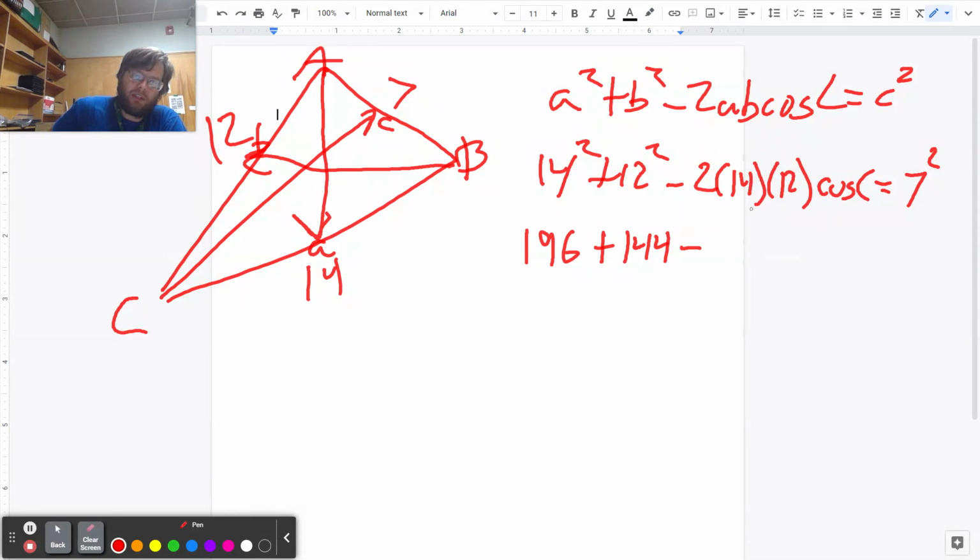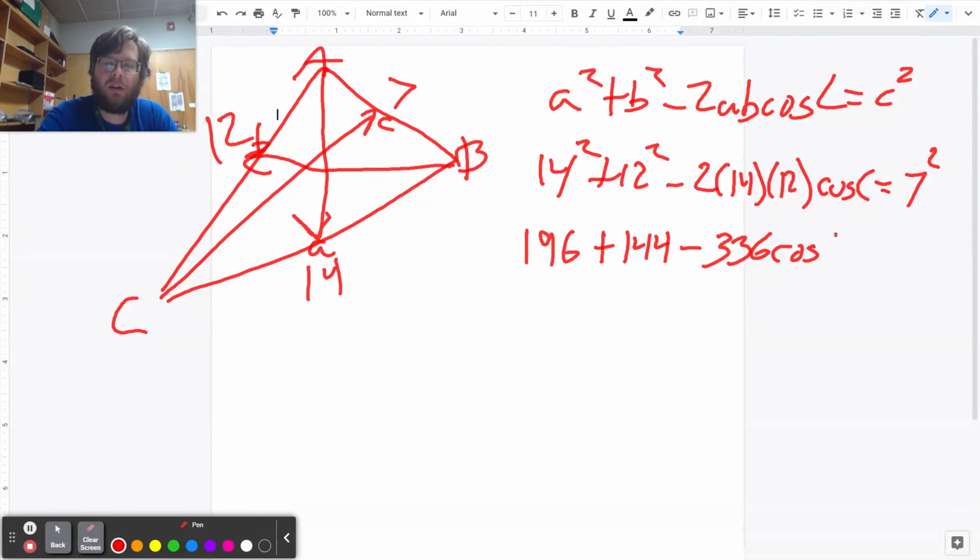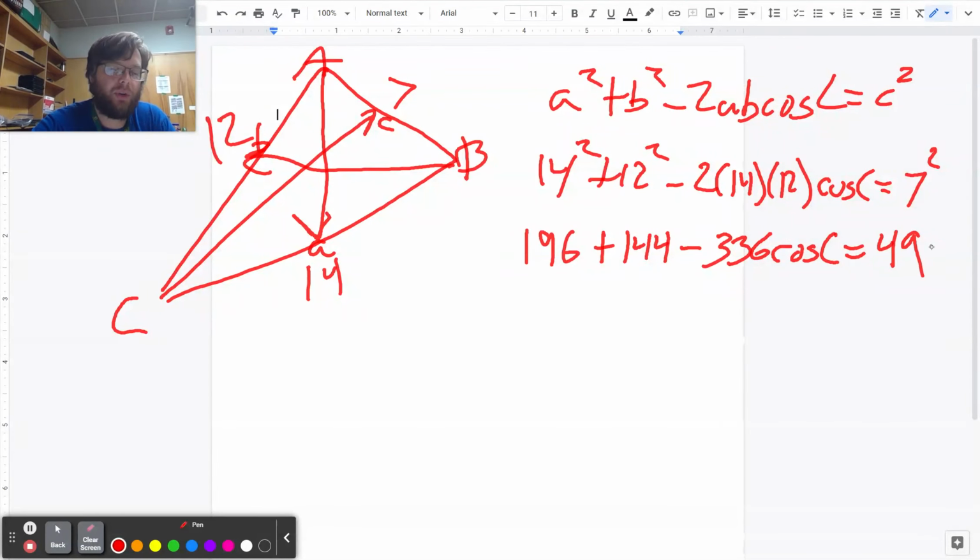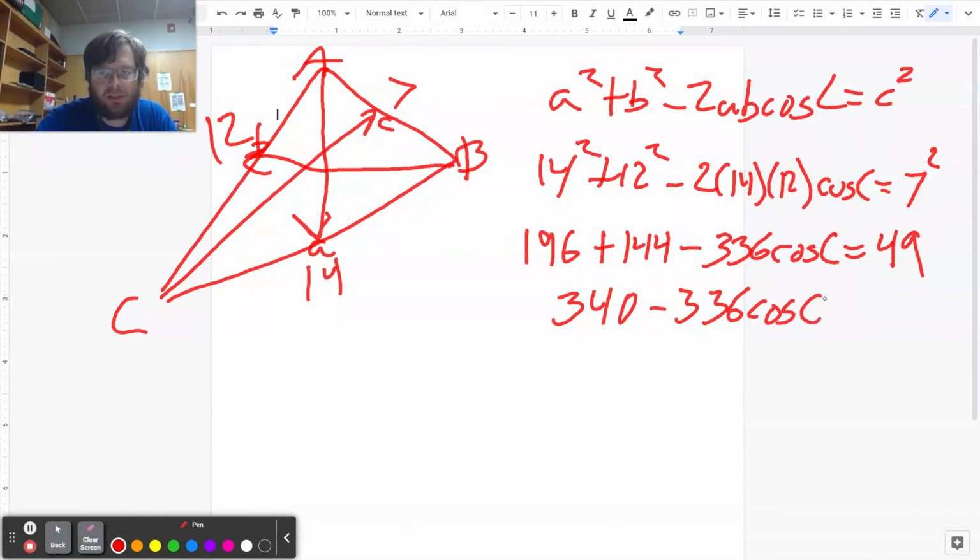Let's double check that. 2 times 14 times 12 comes out to be 336 cosine C equals 49. So now I've got 144 plus 196. So I got 340 minus 336 cosine C.